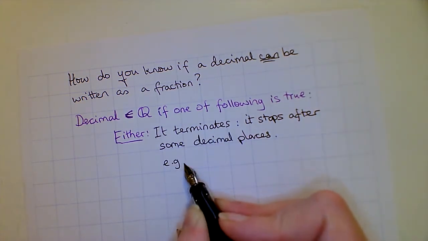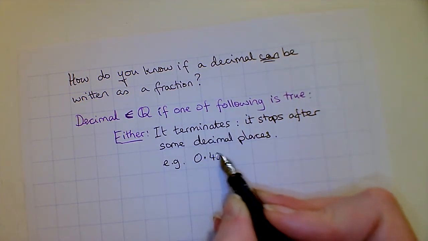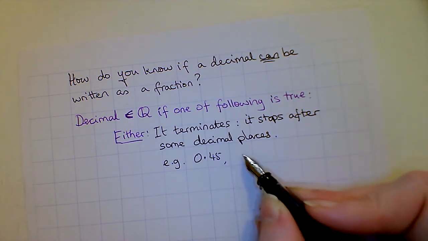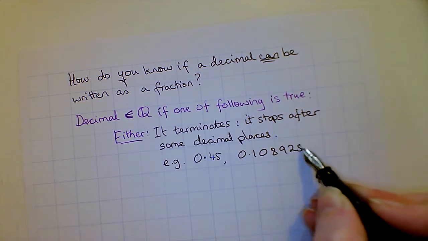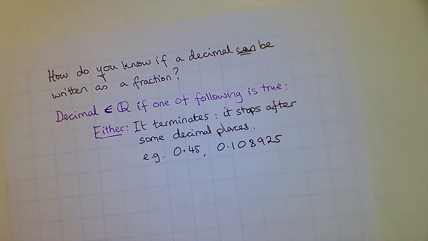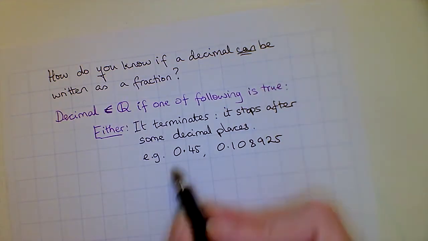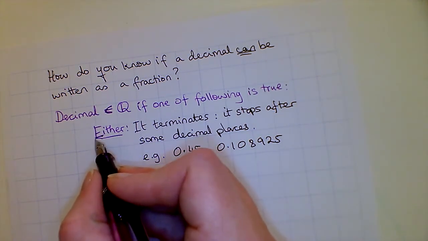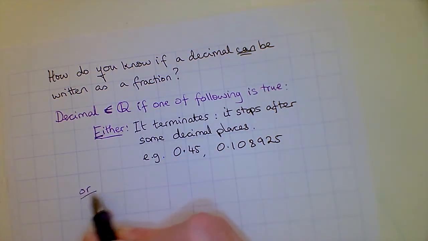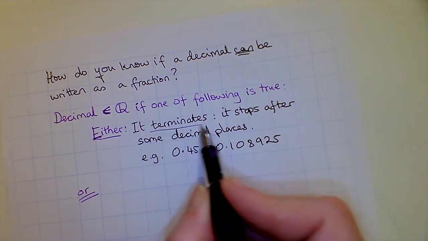For example, 0.45, it stops. Or 0.108925. It's long, but it does stop. Those guys will definitely be able to be written as fractions, okay? Or the other possibility is it has a repeating pattern.